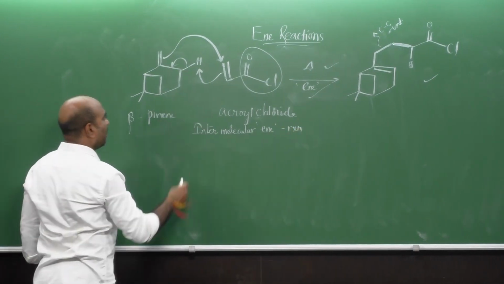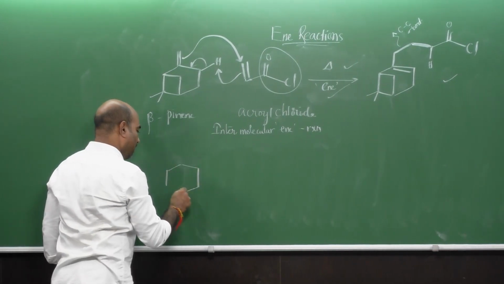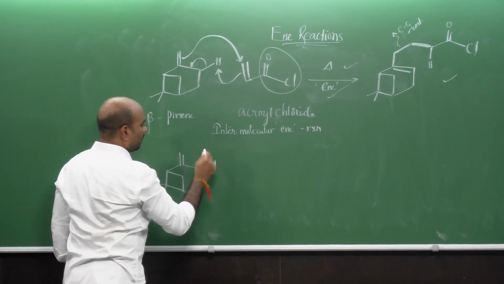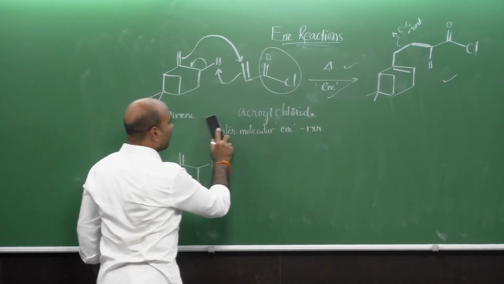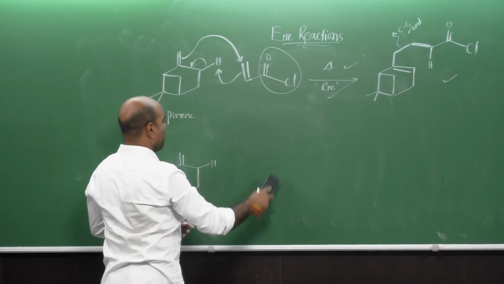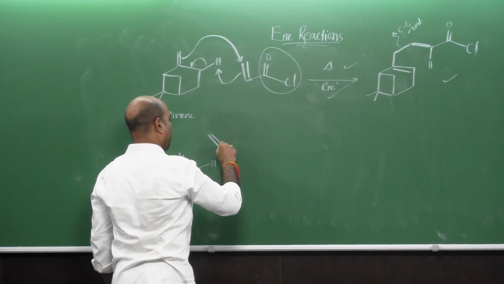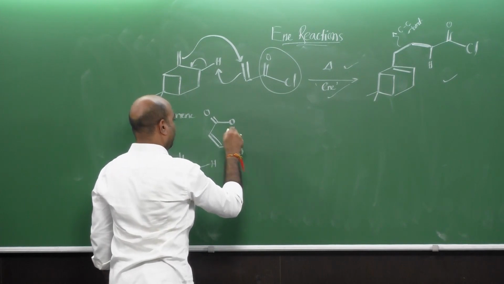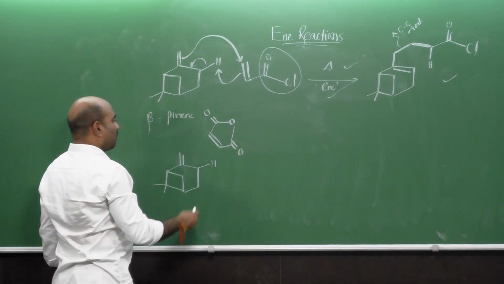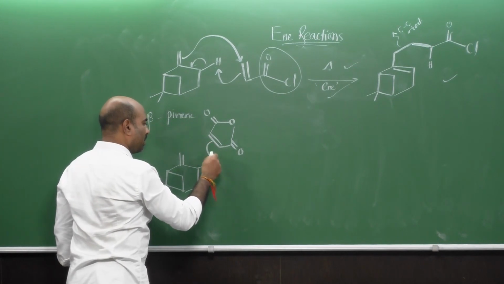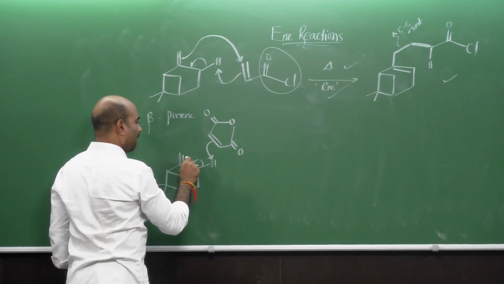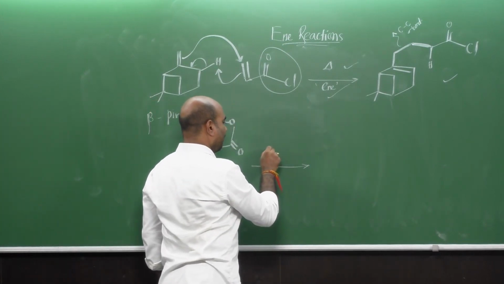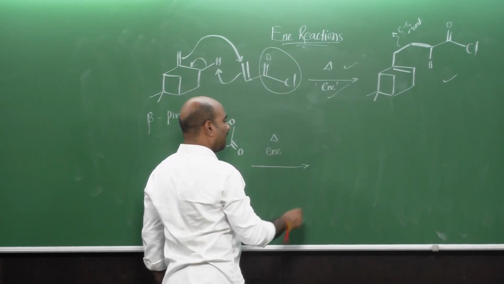Similarly, in the place of acroyl chloride, for the same ene component, if we are using this enophile, so what is going to happen again? The hydrogen will be taken there, transferring there, and then this pi bond is going to form a sigma bond here. So, this is again an ene reaction under thermal condition.